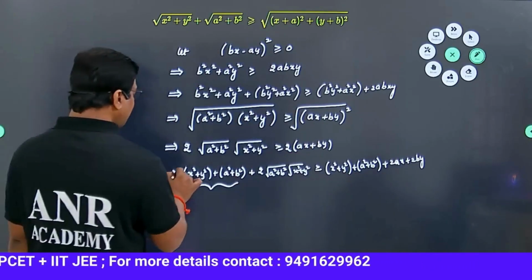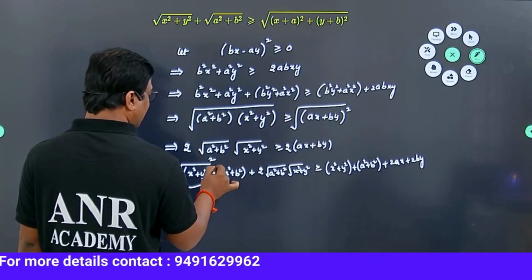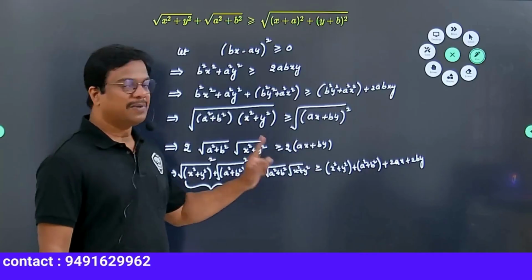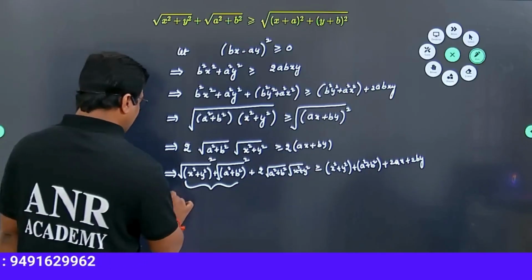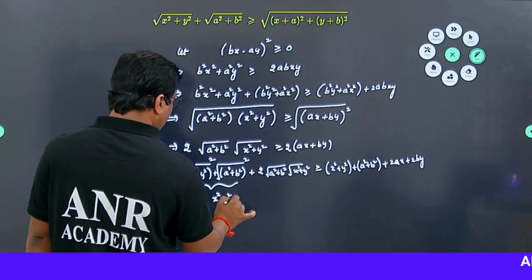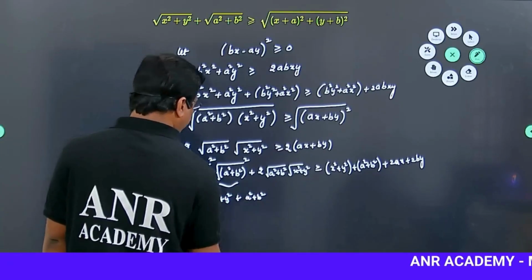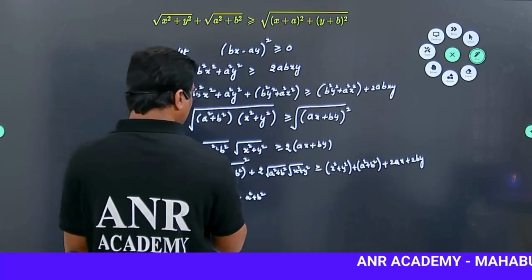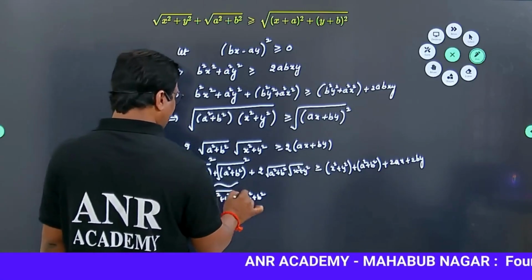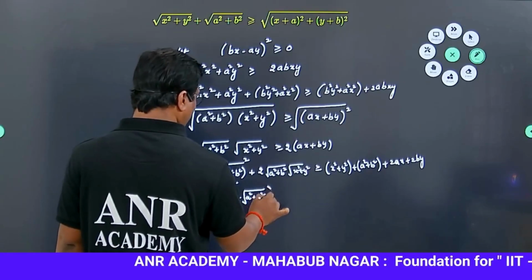Now I can write this as a square root and square. It looks like a square plus b square plus 2ab, so it is root over x square plus y square plus root over a square plus b square, whole square.